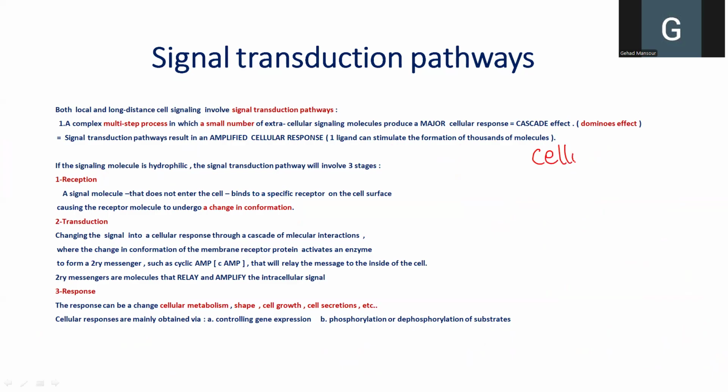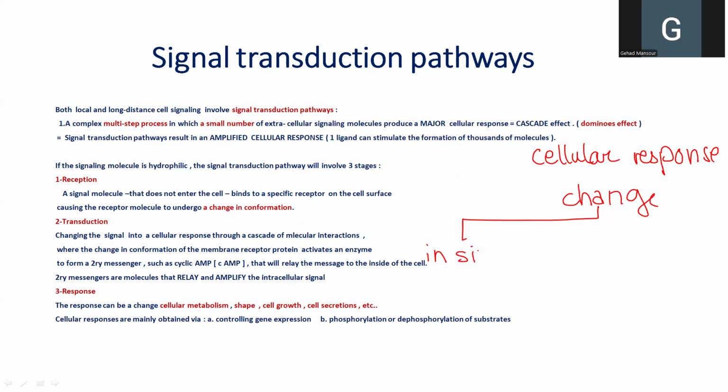Again, to wrap up all this, the cellular response is a magnified change. This can be a change in what? It can be a change in the size of the cell. It can be a change in the number of cells when the cell divides into daughter cells.